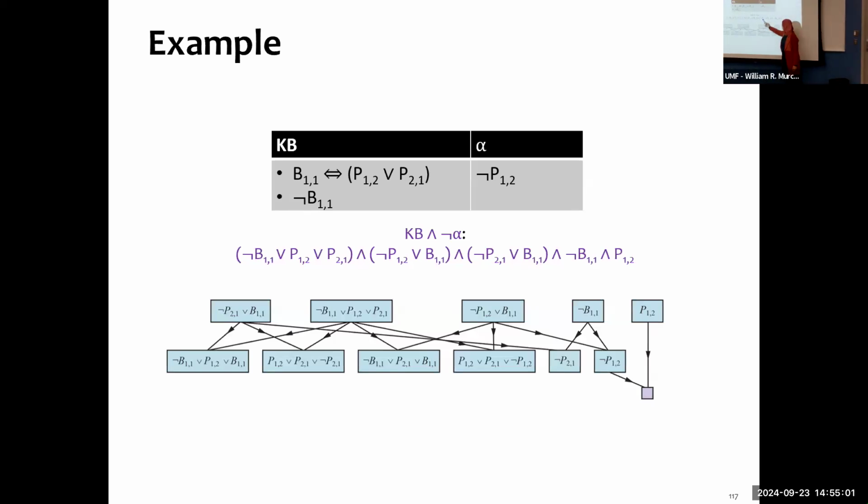Then I have not P21 or B11. And so on. So I am presenting my set of boxes. And each time I am going to check where that takes me, okay? Until I find that I can prove the opposite of my expression. And so I can say that it's solved. This is what we need to do. Is that clear? Okay, that's great.